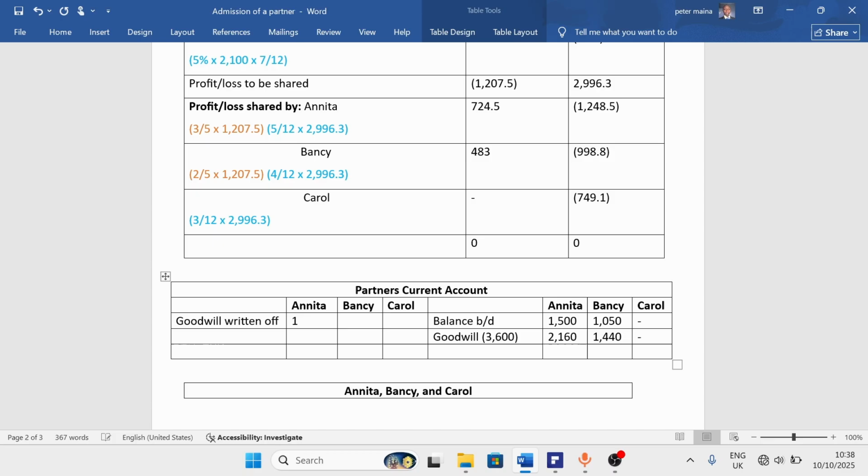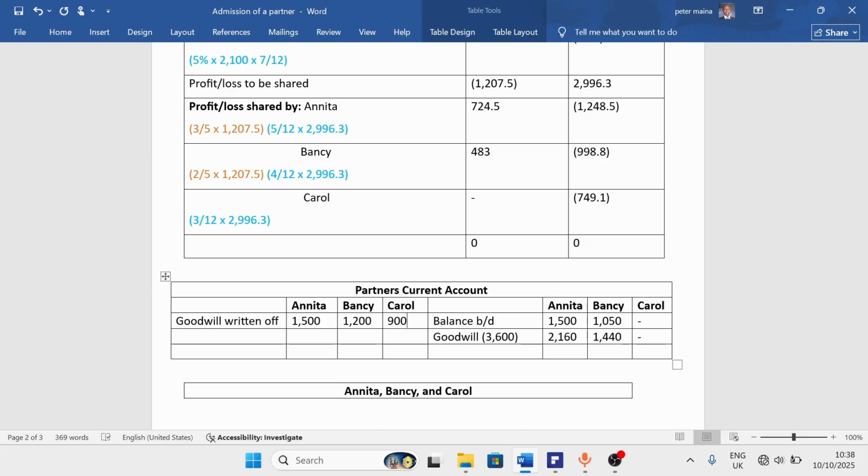So Anita, we will have 1500. Bansi is going to be 4 divided by 12 times 3600, which will be 1200. Carol is also going to have a share. Her share is going to be 3 divided by 12 times 3600, which is 900. So we have recorded the goodwill on admission of the partner.